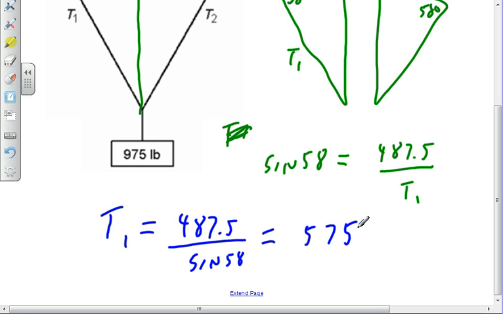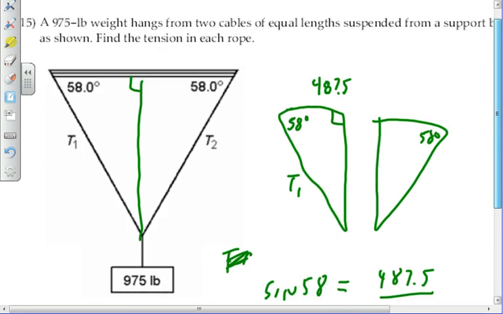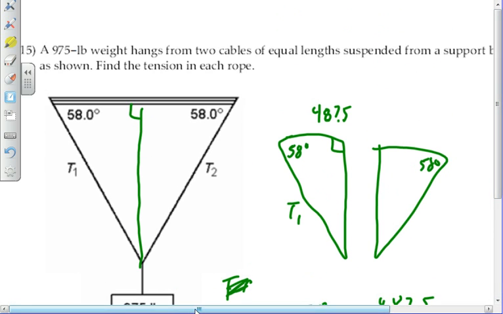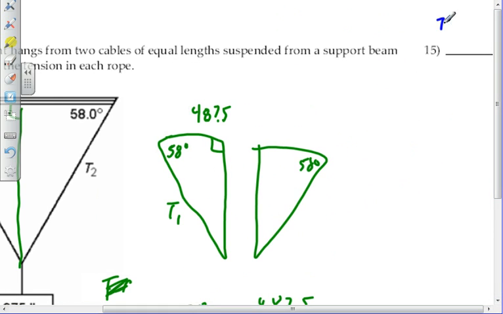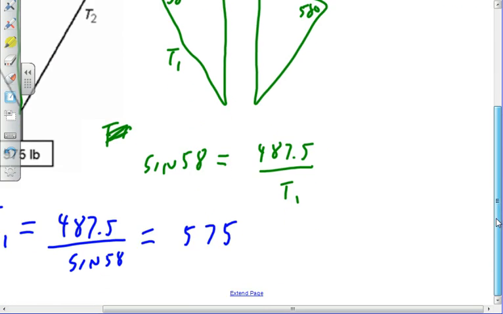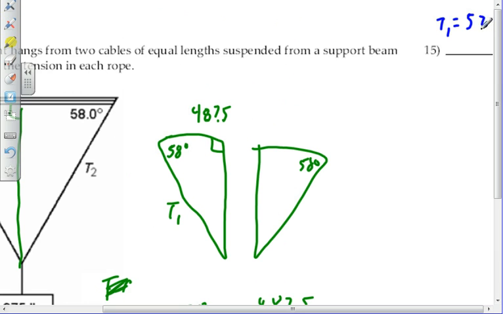What was the question? Equal cable support. Find the tension in each rope. All right, so what do I want to answer? T1, tension 1, 575? Yes. 575. What's the tension in T2? Same thing. Tension T2, 575.